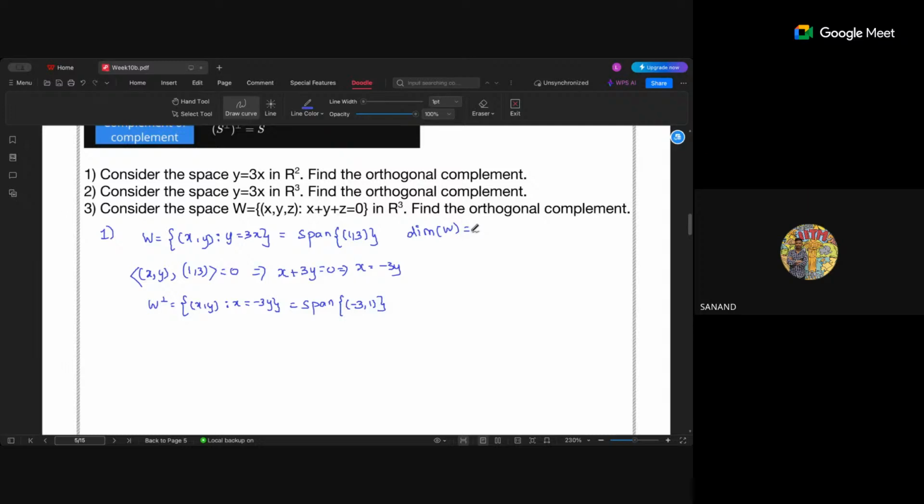It is 1. And the dimension of W perp is 1. And you see the dimension of W plus the dimension of W perp is equal to the dimension of R2.